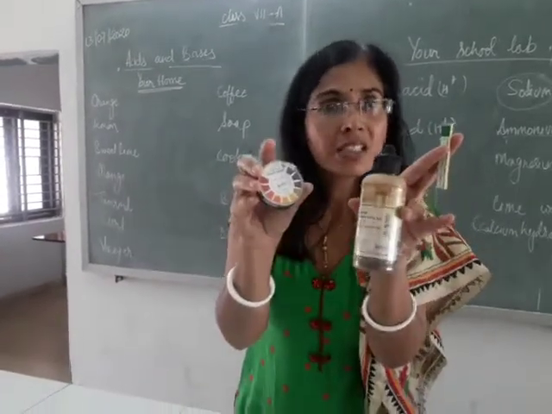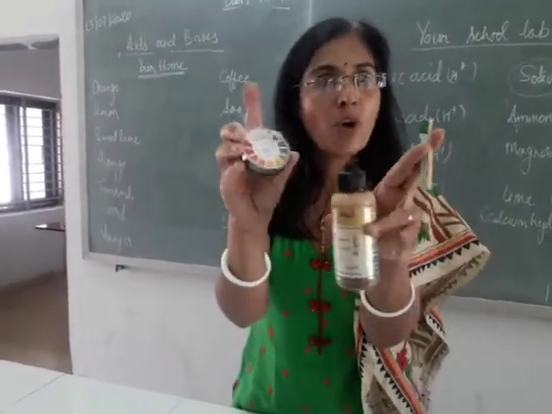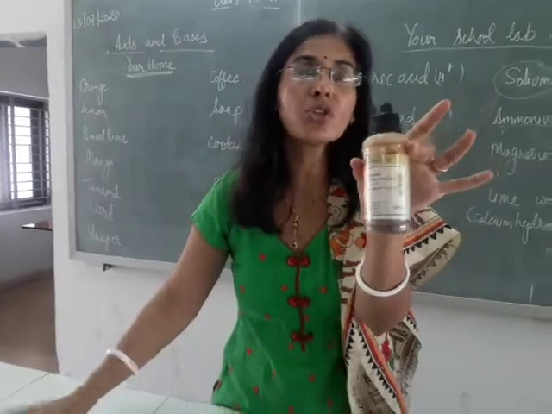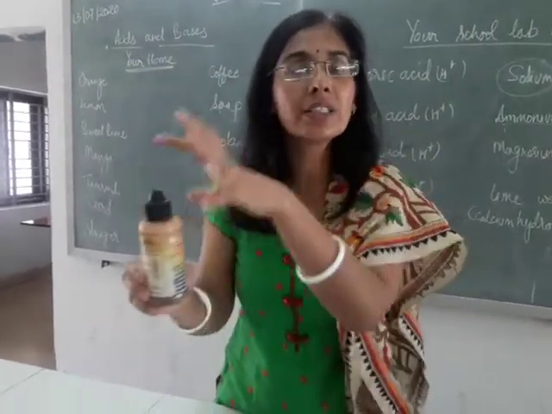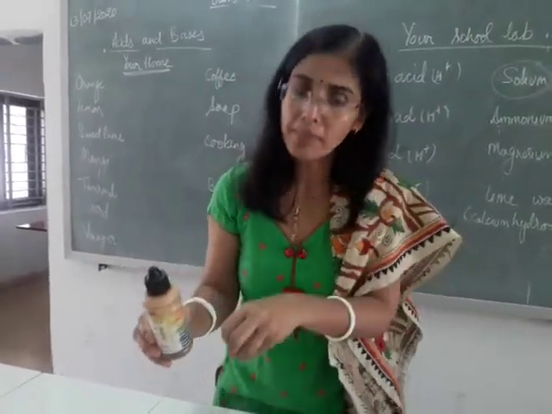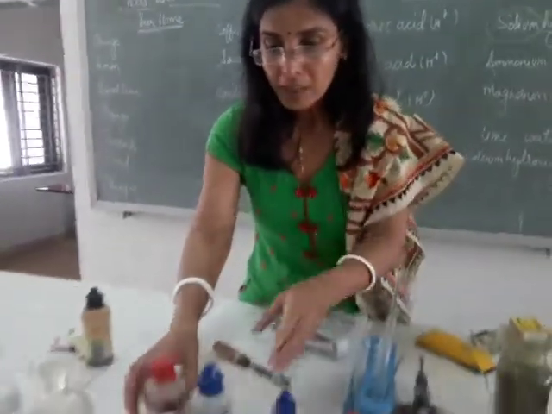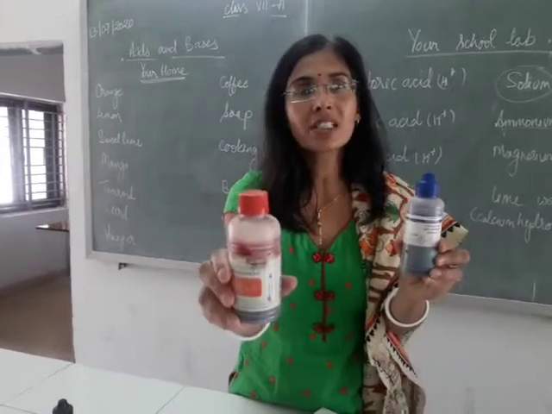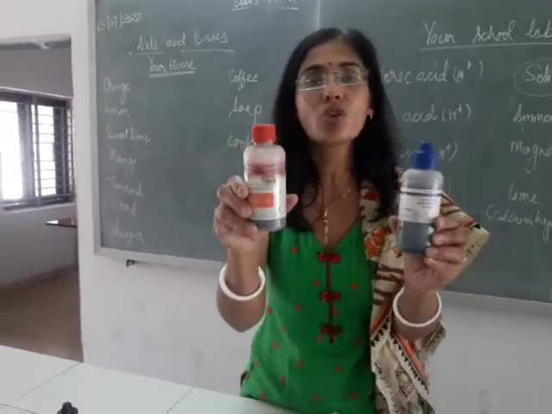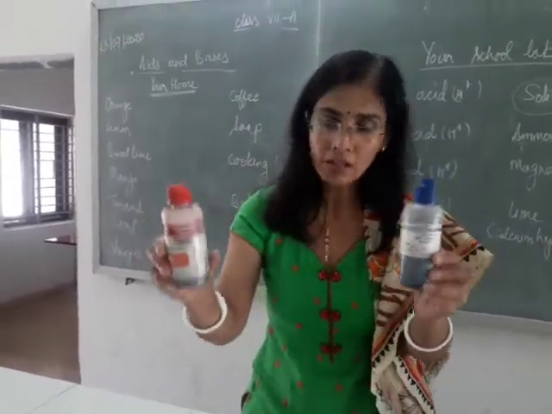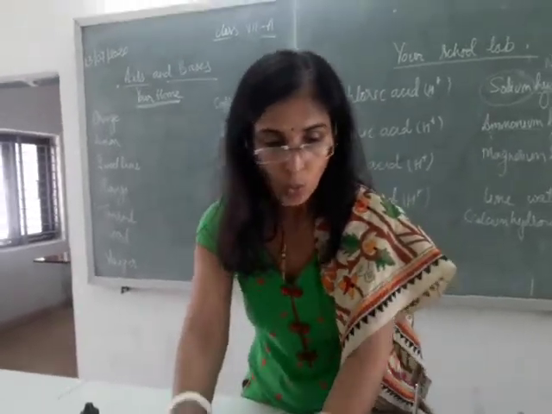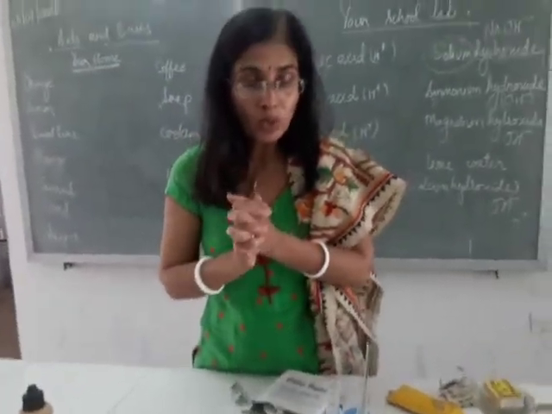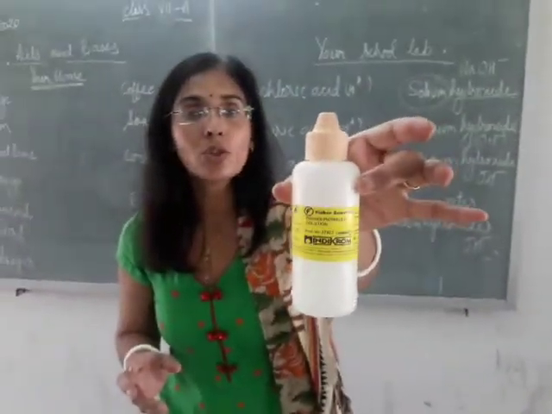Use of this single substance, either in the form of strips or in the form of solution, will tell you whether the given sample is an acid or a base. Whereas making use of litmus, blue litmus or red litmus, will tell you only the presence of one substance, either acid or either base. And one more thing, here I have your phenolphthalein solution.